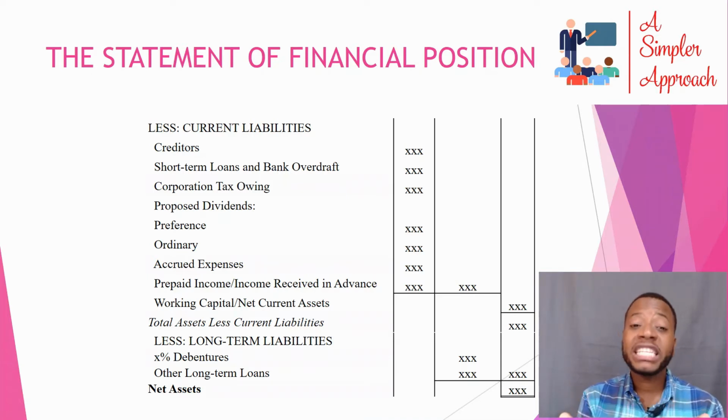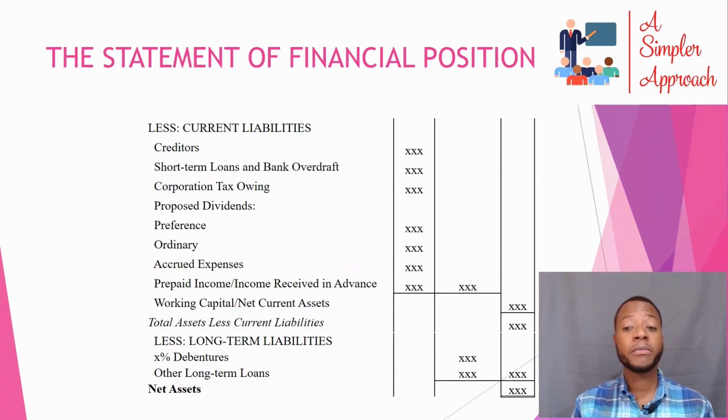But it is a current liability. Taxes are owed. They must be paid in short order. It's not a long-term liability. It's pretty short-term. Proposed dividends, preference and ordinary, accrued expenses, or prepaid income. All these are current liabilities.